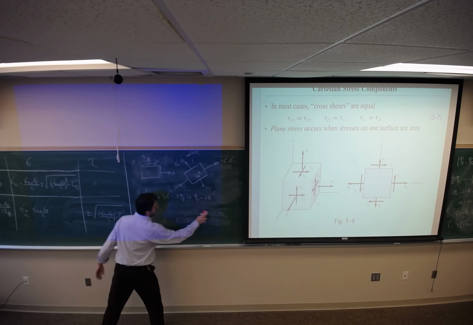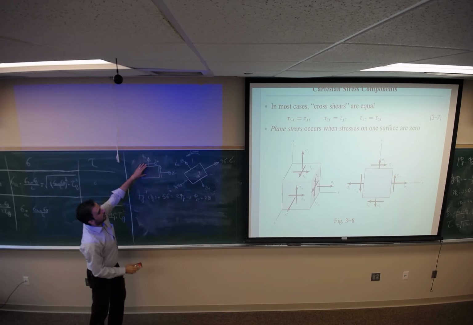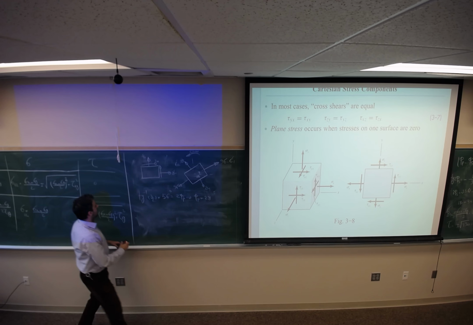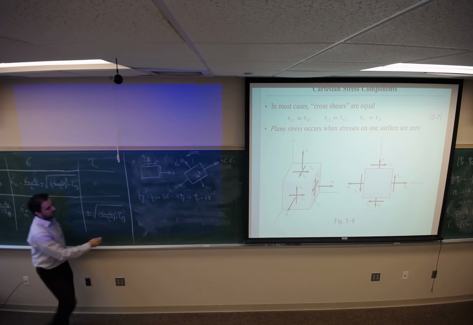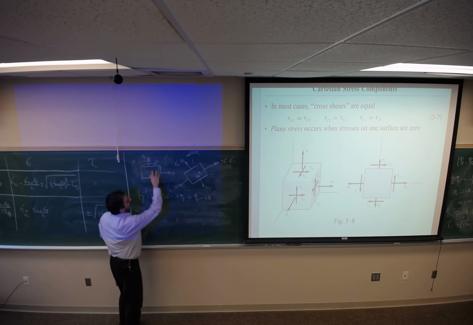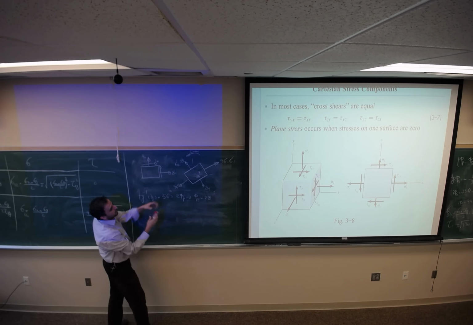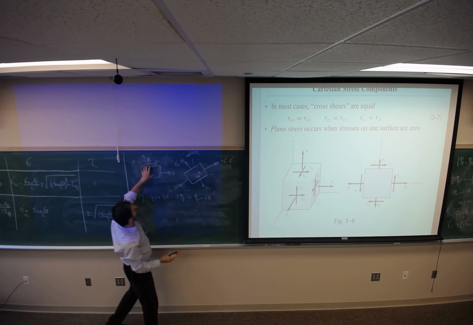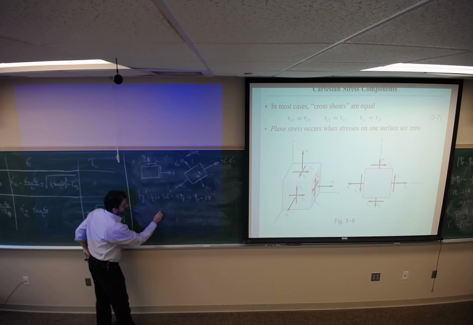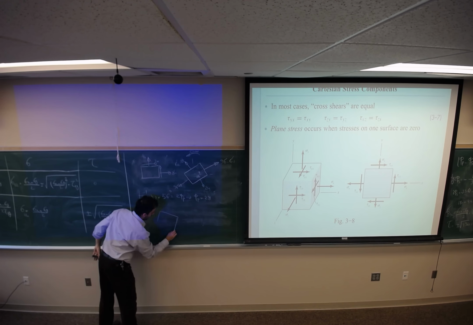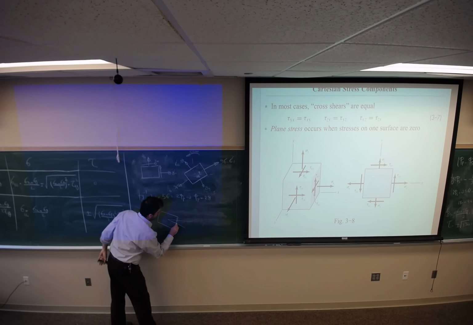So now I can draw the stress element for the extreme value for the shear. I should rotate it by negative 17. Negative 17 means rotate it in the clockwise direction by the angle of 17.